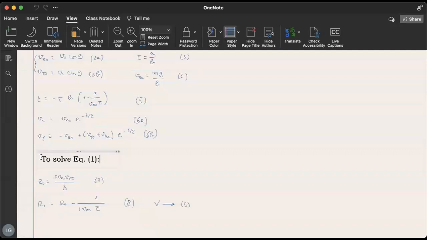And once we know t, we can replace the value of t in equations 2. No, sorry, equation 6 for the velocities.